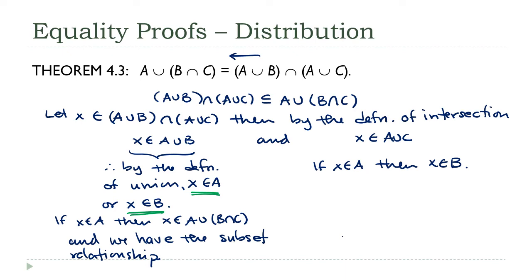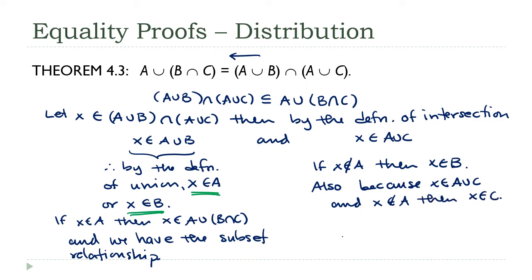If X is not an element of A, then X must be in B. Also, because X is an element of the union of A and C, and again, X is not an element of A, then X must be an element of C. Okay, but wait.